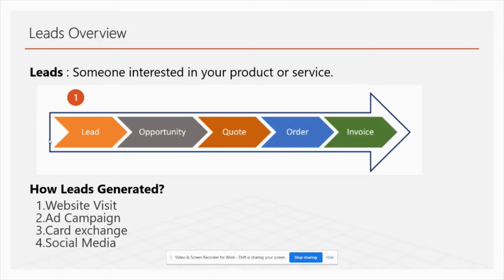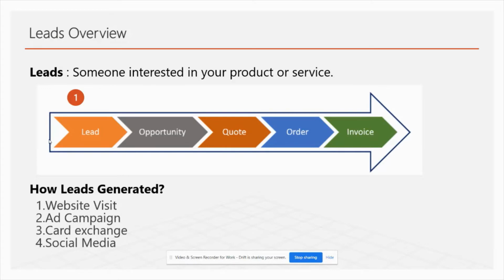Like salespeople exchanging business cards and contacts, or someone has shown interest that they want to know more about your product or your service, or your company has a website and you are running an ad campaign on Google. Someone searches on Google and finds your ad. They click on the ad and are redirected to your website.